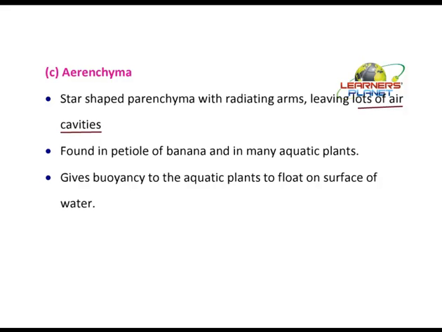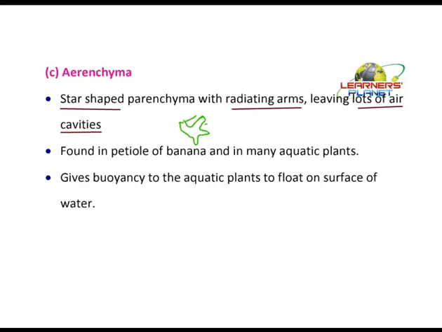Now how can this aerenchyma tissue have a lot of intercellular space? It is because these parenchyma cells have radiating arms. It means they are more or less star shaped. Now if they are star shaped, then how will it appear here? Something like this. These are radiating.